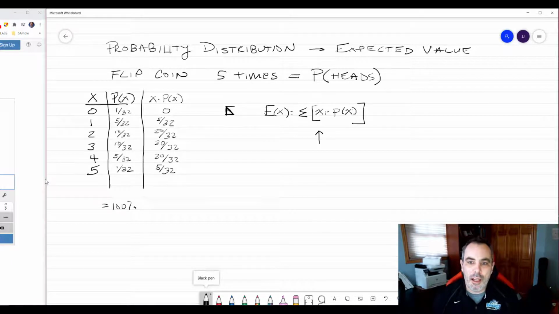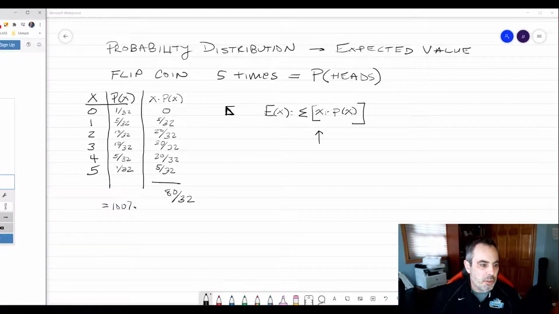And then I would add all of those things together. 25, 55, 75, 80 out of 32. And 80 out of 32 gives me an expected value, if these were points, of about 2.5. Which probably makes sense. 50% of the time you're going to get heads, so I'm expecting the value to be 50% of this.